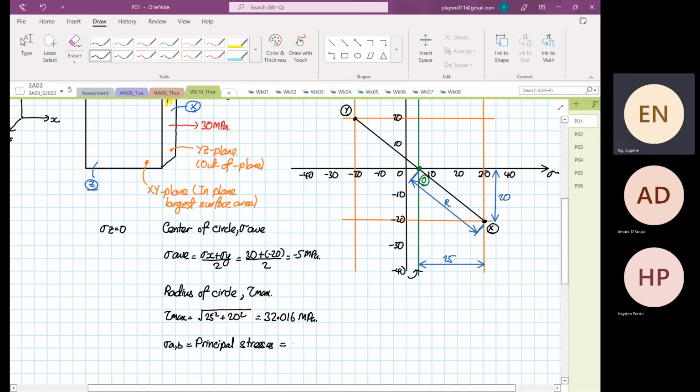It's equal to, sorry, this is positive 5, not negative 5, pardon me, 5 plus or minus 32.016. So one value will be 37.016 megapascal, and the other will be minus 27.016.